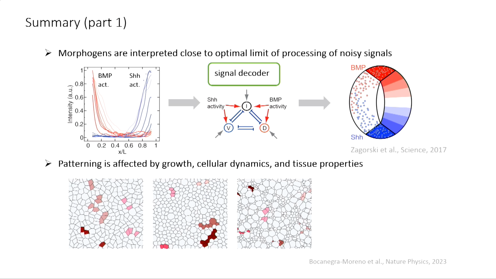But the signaling part is related to the mechanical properties of the tissue, and in this example we saw that early on the tissue is rearranging a lot. Later on it gets to a solid-like stage. So it's unclear to me. I could always say evolution made it this way, but that's a very hand-waving argument.